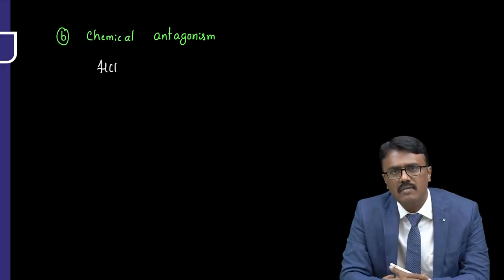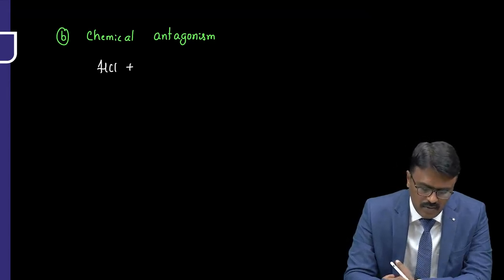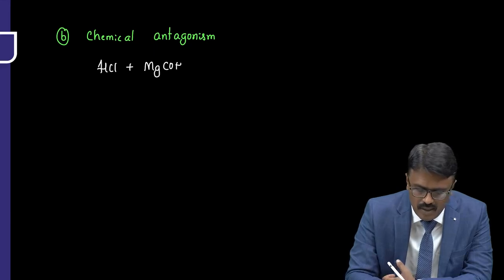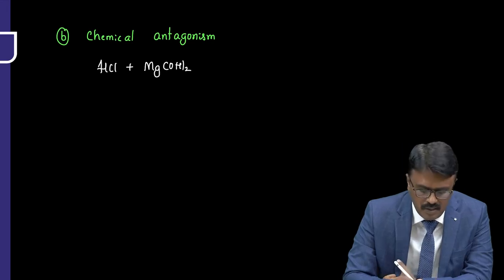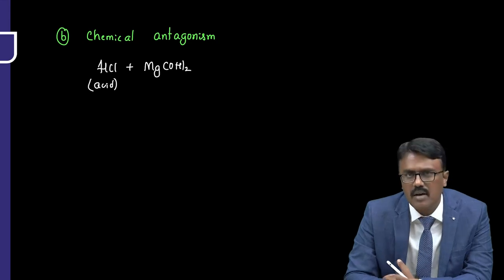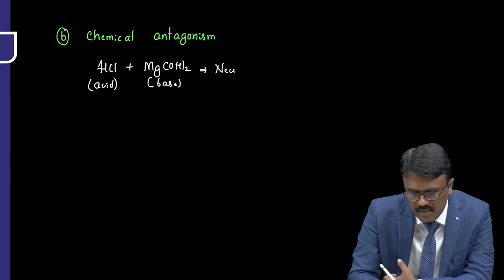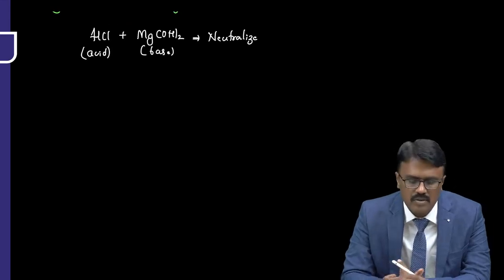We know that when HCl increases in the stomach, it causes gastritis. And for that we use an antacid, for example magnesium hydroxide, which I have given already. So this is an acid and the effect of the acid is blocked by a base. And what you see is neutralization of the acid. So this is an example of chemical antagonism.